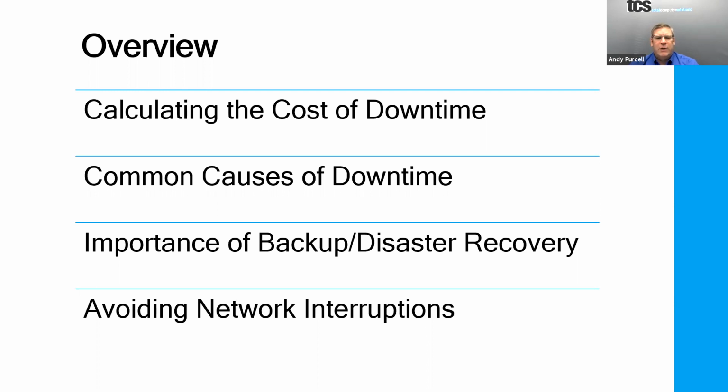We want to then look at what causes it. There are lots of very common examples, some of which we'll cover and some of which we'll delve a little bit deeper into. Then we'll follow that up with the importance of backups as well as disaster recovery, and then avoiding the network interruptions, the things that you can't necessarily control, but you do need to account for and plan for. That's the outline of our presentation as we go through today.